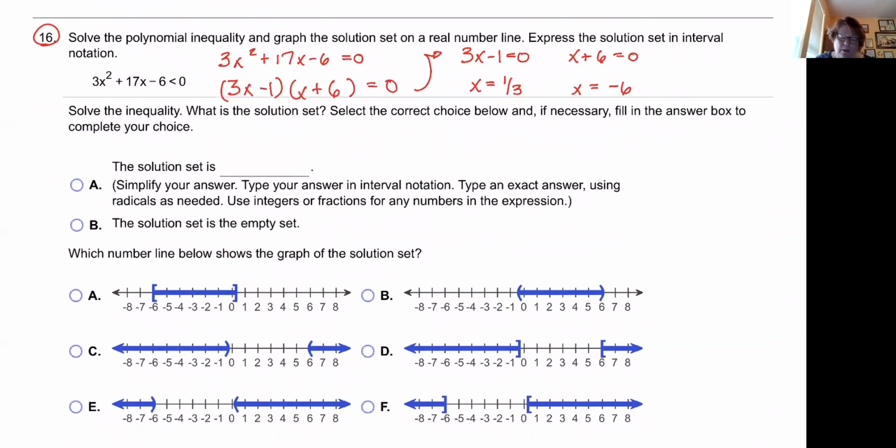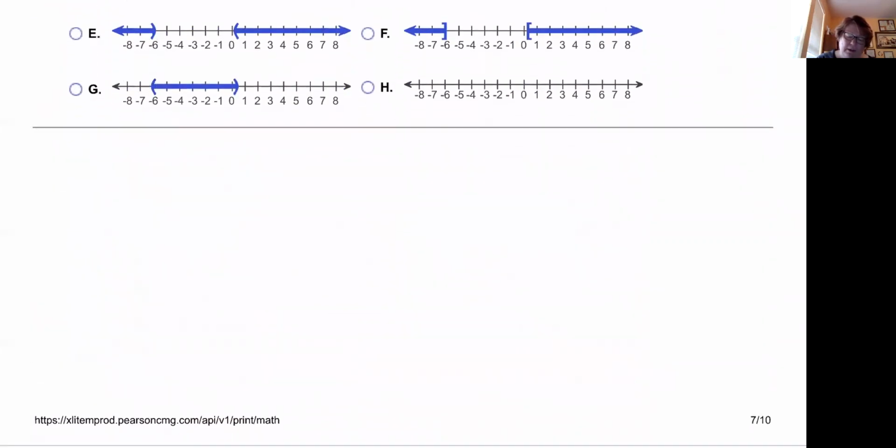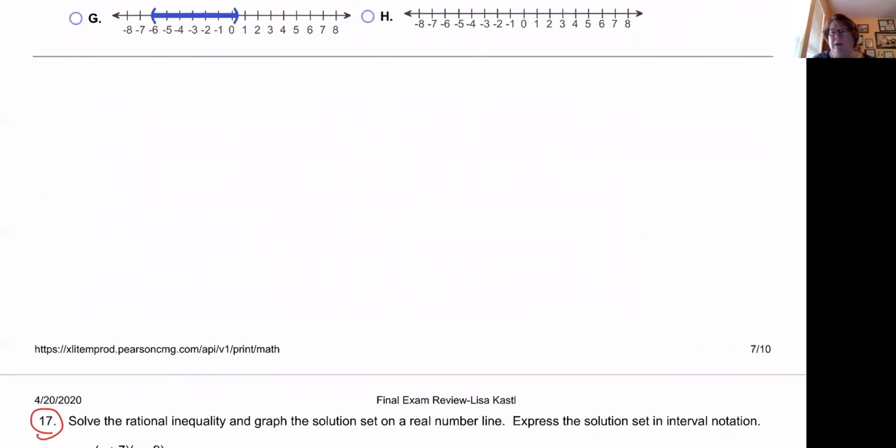So let me go down here where I have a little space, and let me draw my number line, set up my intervals, and pick my test points. All right, so we have 2 boundary points. We had negative 6 and 1/3.